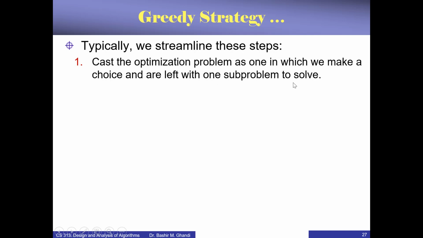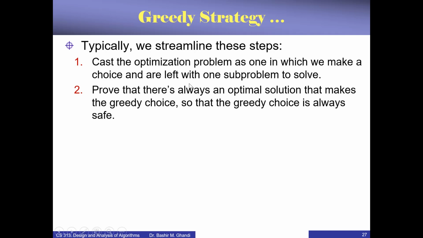Don't try to have 2 subproblems, because if you do that, you are more or less doing it like dynamic programming. No, think about what greedy choice can you make, so that when you do that choice, then there will be only one subproblem to solve. This is the starting point.